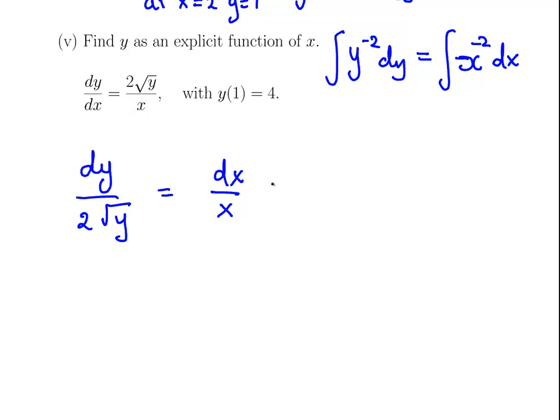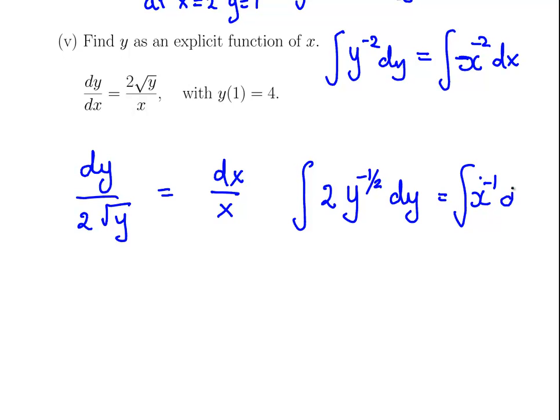Okay, so the integral of 2 times y to the power of minus a half dy is equal to the integral of x to the minus 1 dx.